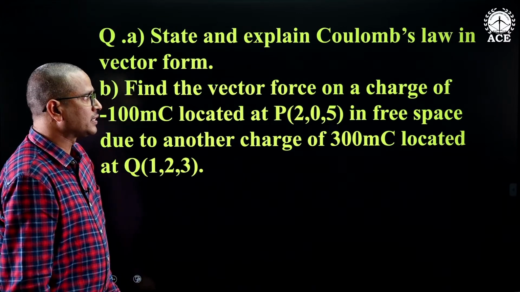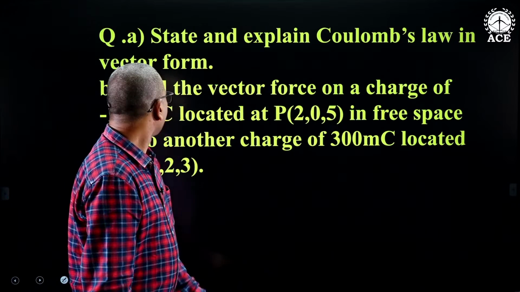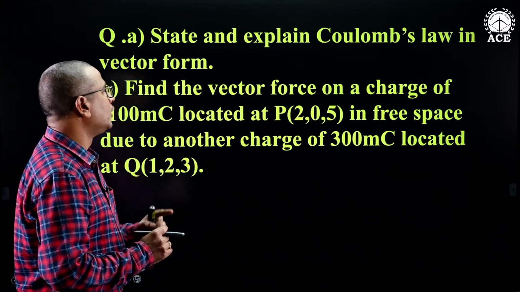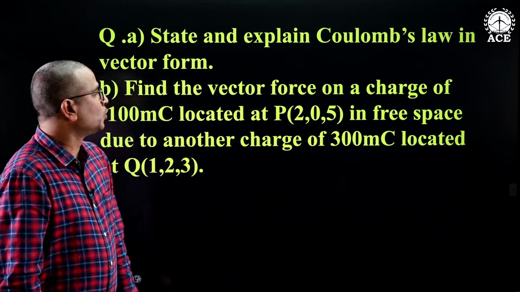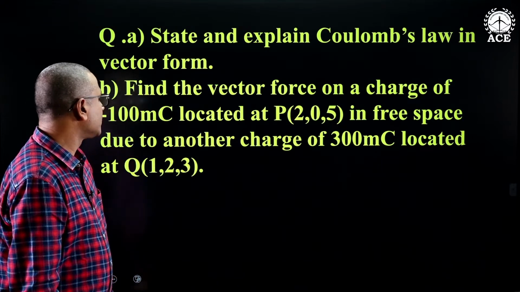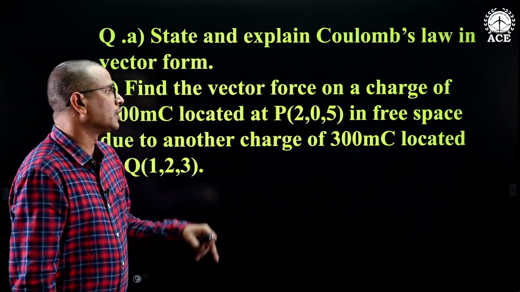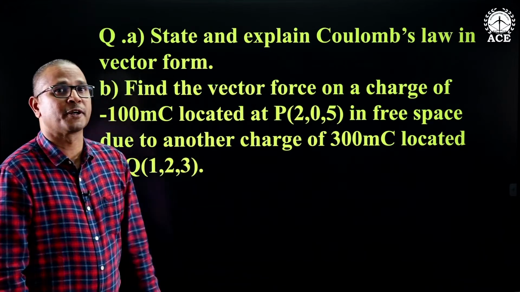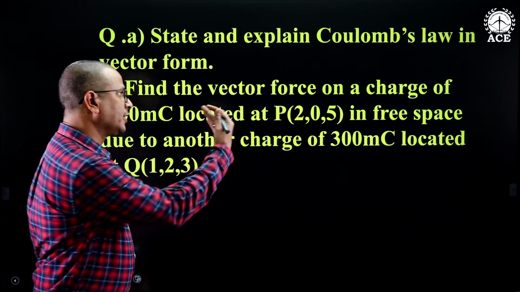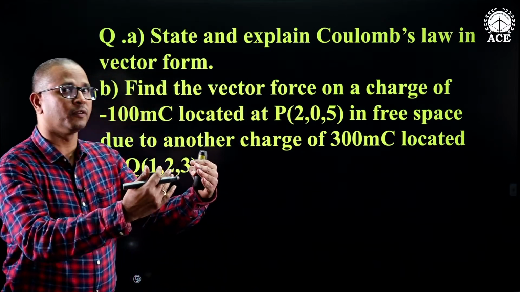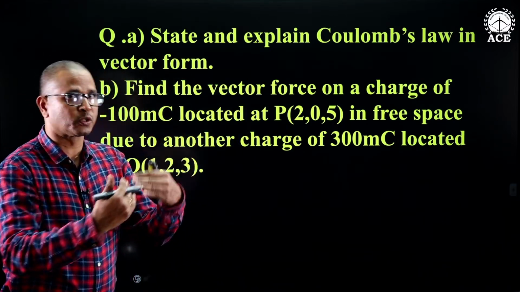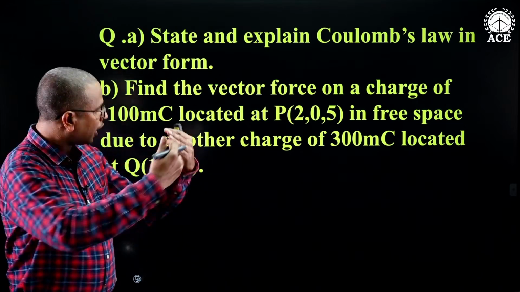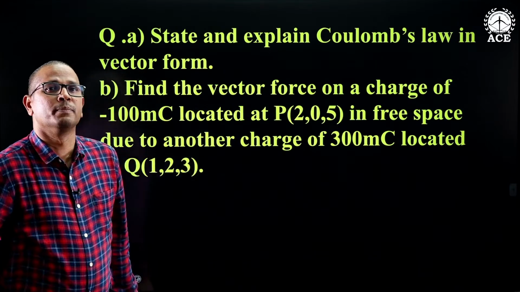Find the vector force on a charge of minus 100 millicoulomb located at point P (2, 0, 5) in free space due to another charge of 300 millicoulomb located at point Q (1, 2, 3). Before the numerical value, I'll give you the formulae for how to use Coulomb's force equation and how to solve this question using it.